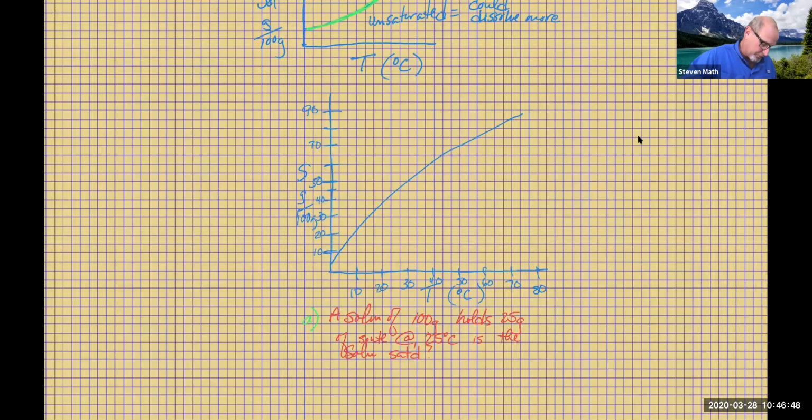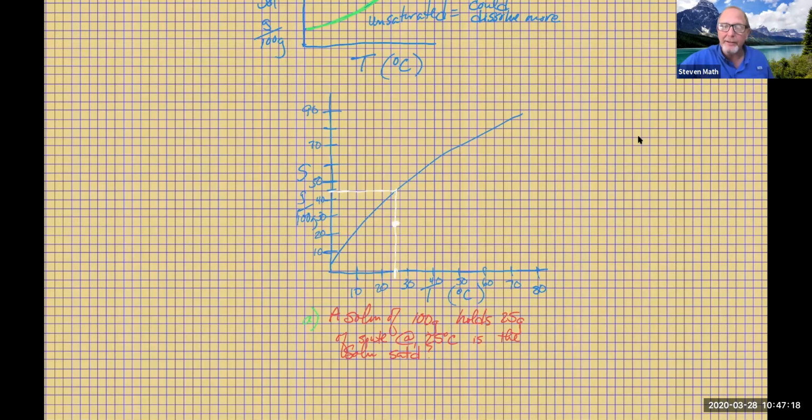So if we come to 25 degrees, right about there, we come up, we hit it, and we take it over. At 25 degrees, we can hold 25 grams. 25 grams is going to be right about there.